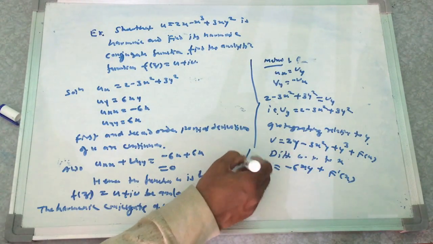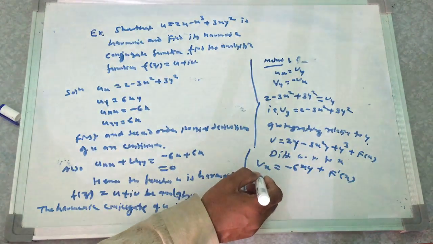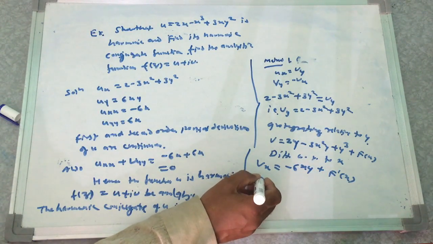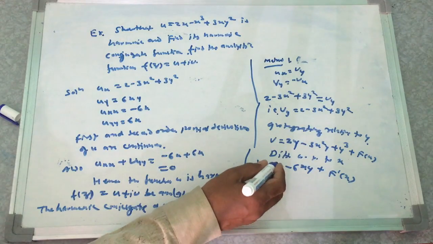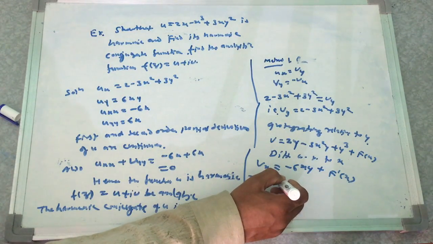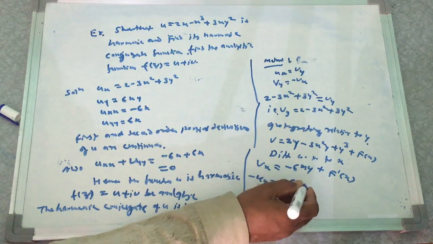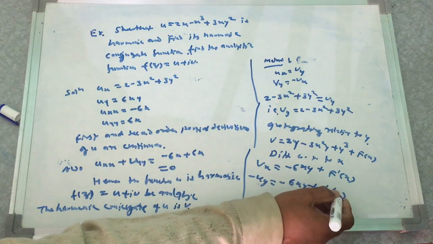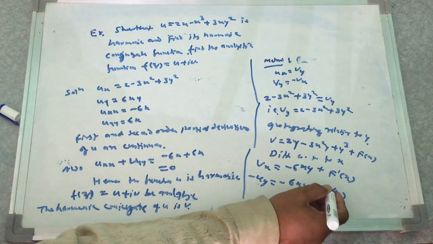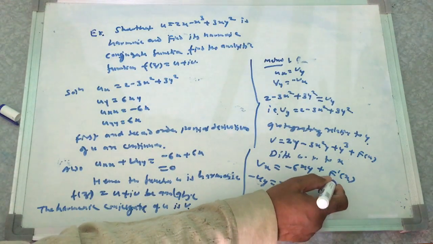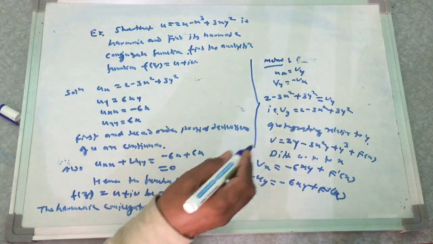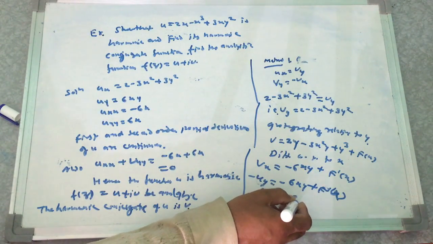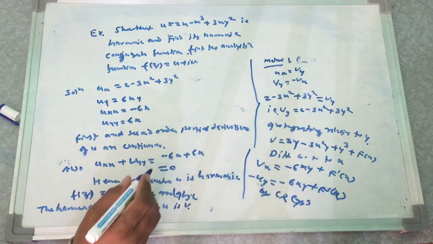Then minus u_y, which is v_x, is equal to minus 6xy by CR equations.